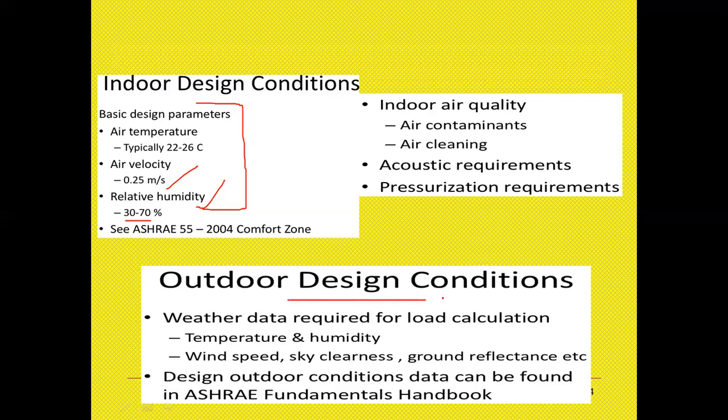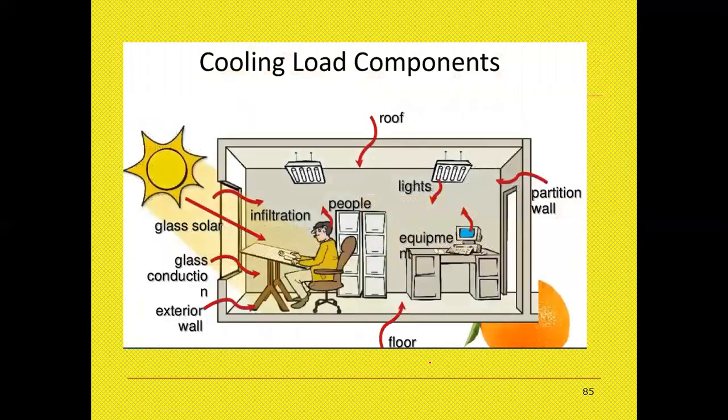The data required for the load calculation, that is temperature and humidity, wind speed and sky clearness, ground reflectance, etc. The design outdoor conditions data can be found in data books. Now we are seeing the cooling load components.